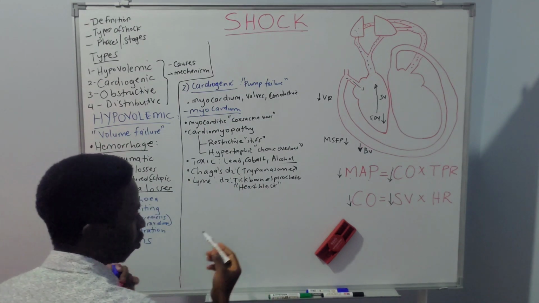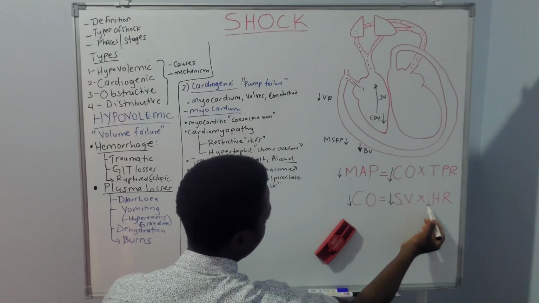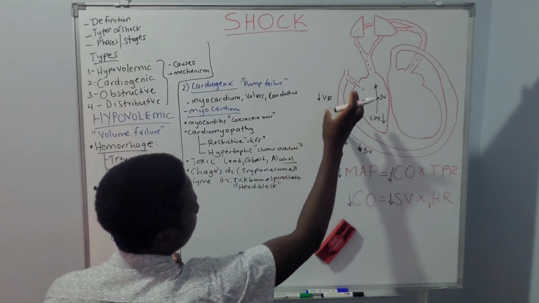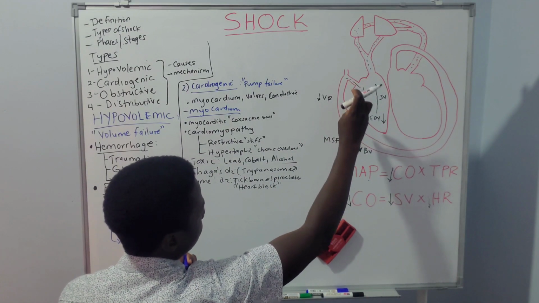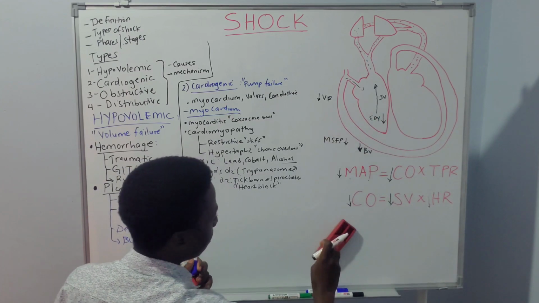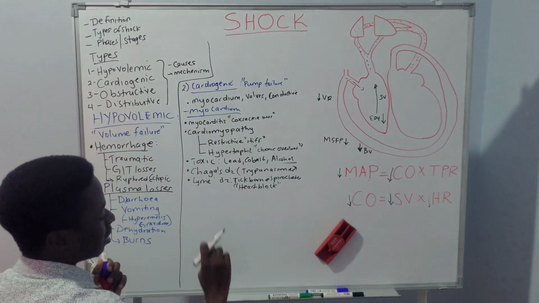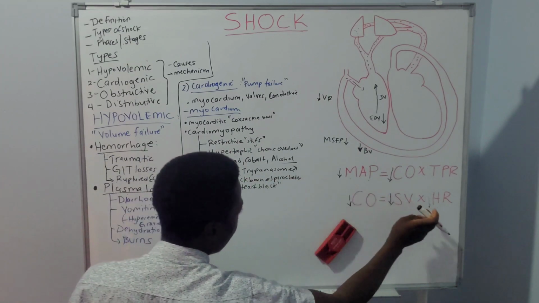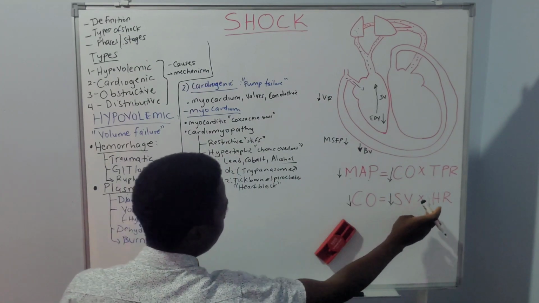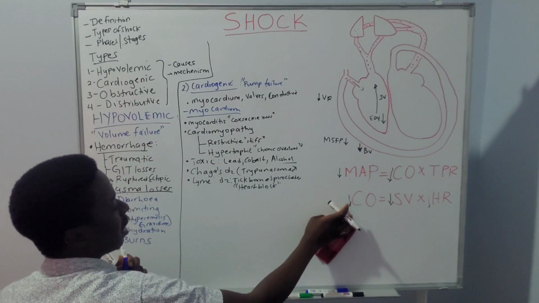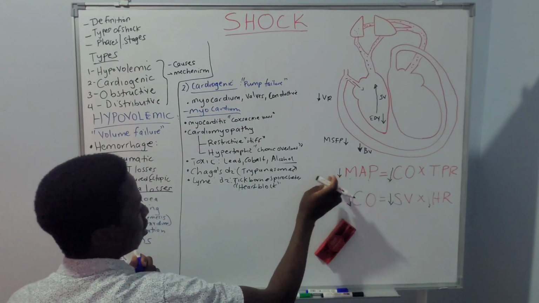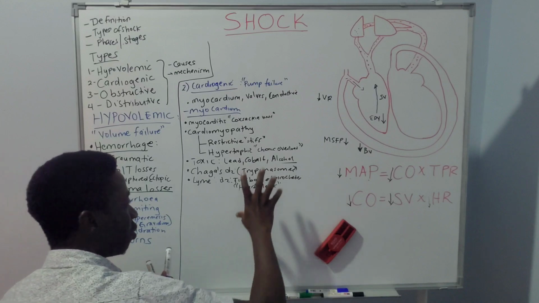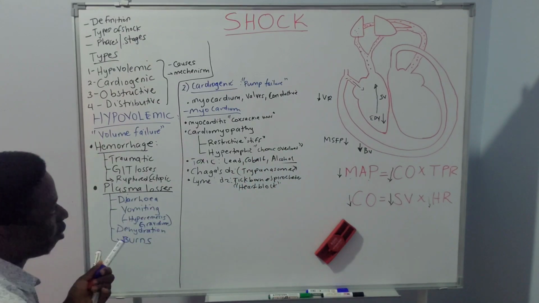When you cause a heart block, what is going to happen to your heart rate? It is going to decrease, because you're blocking the electric activity that is supposed to cause contractility in the heart. So decreased electric activity brings about decreased heart rate, and decreased heart rate directly will decrease the cardiac output, and decreased cardiac output will decrease the mean arterial pressure. This is how this comes about.